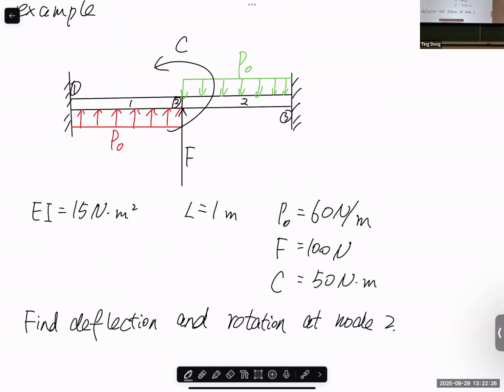Where should we start? How to find these nodal degrees of freedom, which are V and theta at node 2? Where to start?